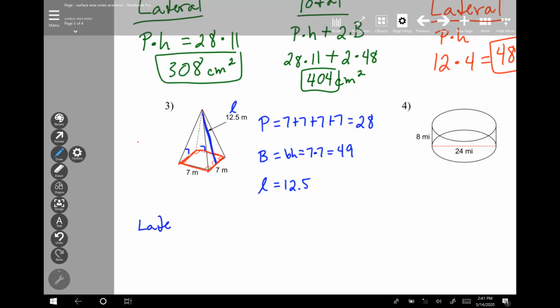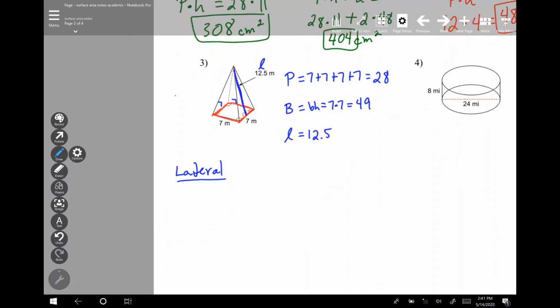So surface area. Lateral. Okay, lateral surface area is going to be 1/2 the perimeter of the base times the slant height. So 1/2 times the perimeter of our base, which is 28, times our slant height, which was 12.5. So just type this in.